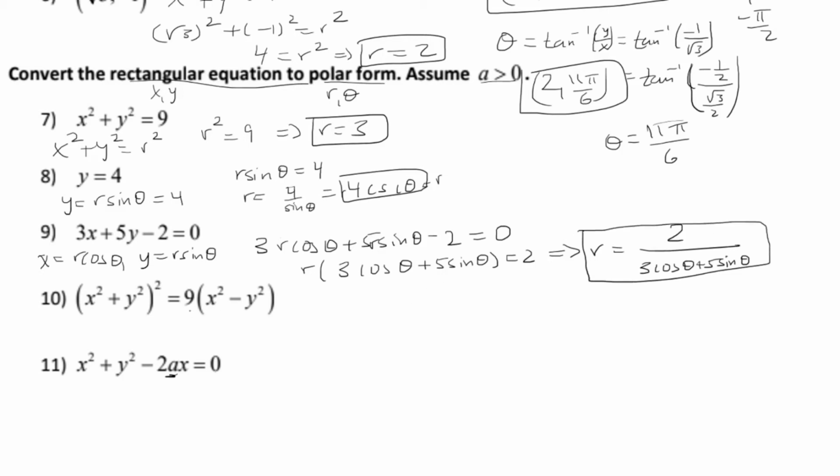Okay, number 10. I have my favorite equation, x squared plus y squared. So just put r squared for that. We're squaring that, and it is equal to 9 times the quantity x squared minus y squared. And for this one, I'm going to replace x and y with r cosine theta and r sine theta.